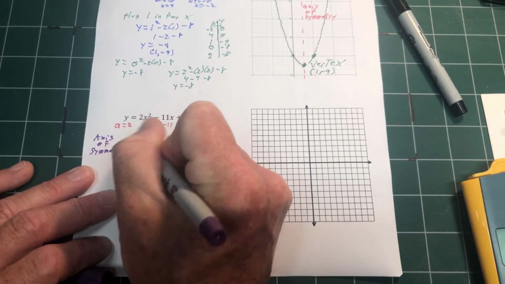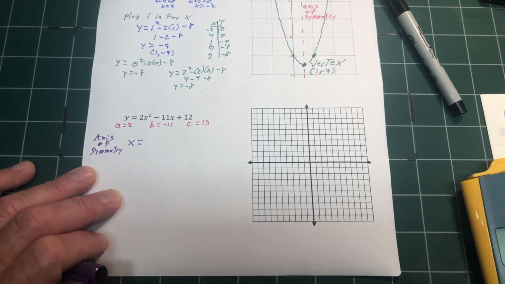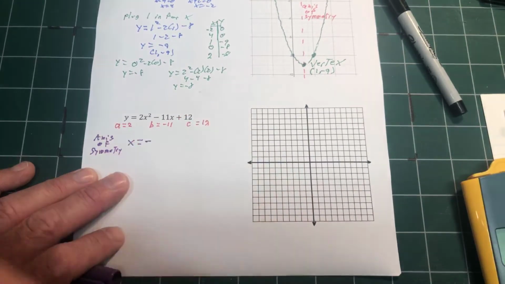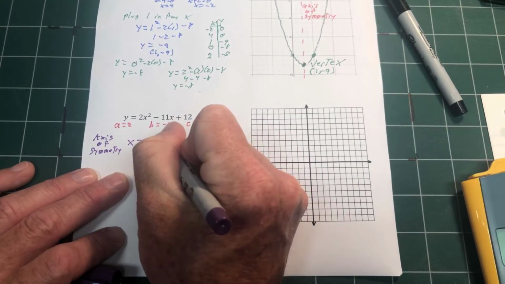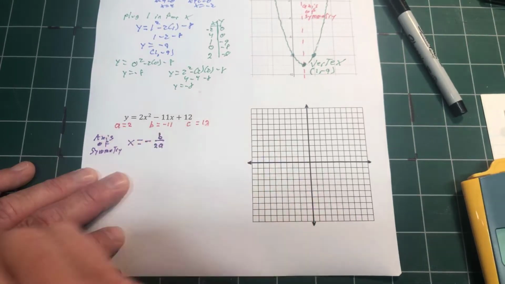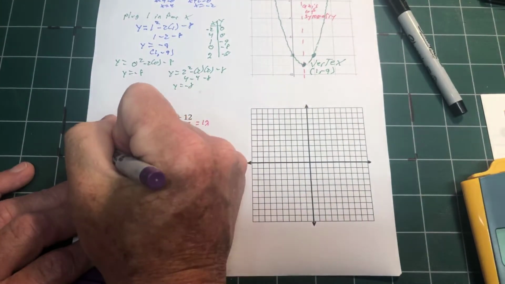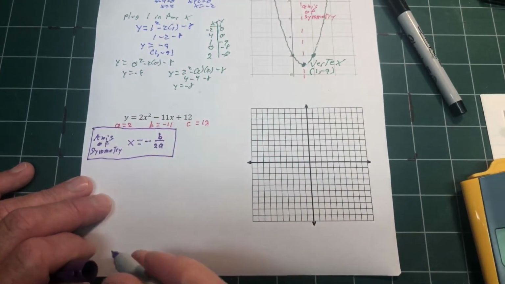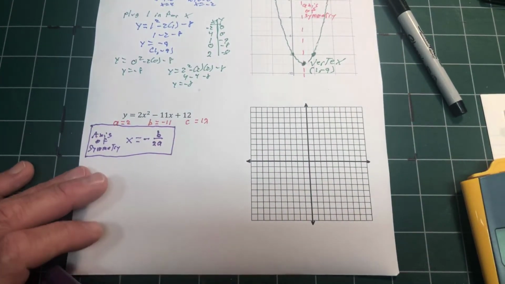x equals negative b over 2a. Kind of a big deal. x equals negative b over 2a. So that's going to give me the axis of symmetry of this parabola.